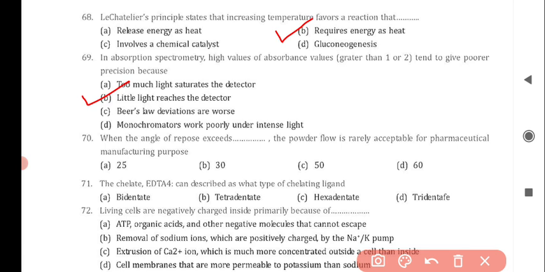Next question is: when the angle of repose exceeds the powder flow is rarely acceptable for pharmaceutical manufacturing purpose, and the correct answer is option C, that is 50. Next question is: the chelate EDTA4 can be described as what type of chelating agent, and the correct answer is option C, hexadentate.